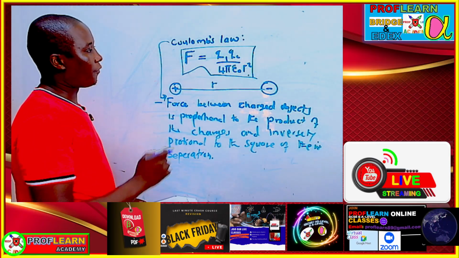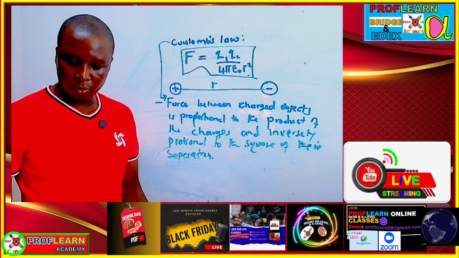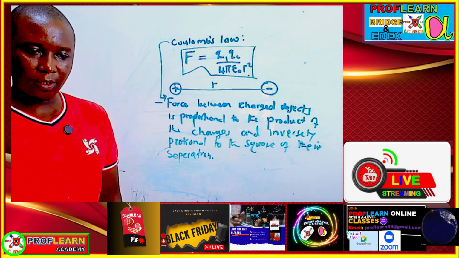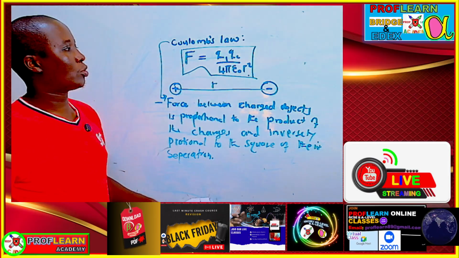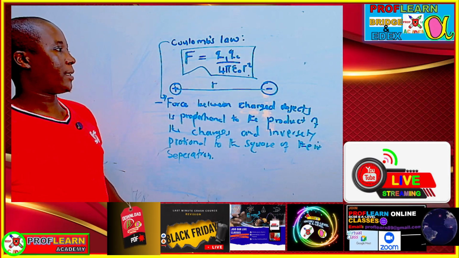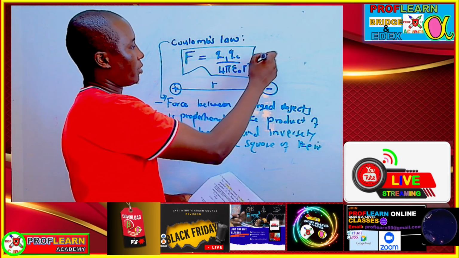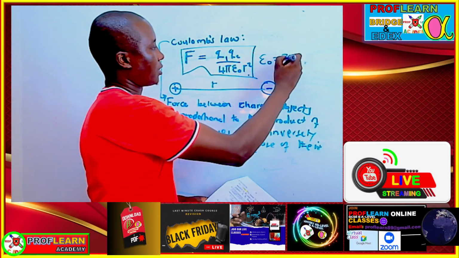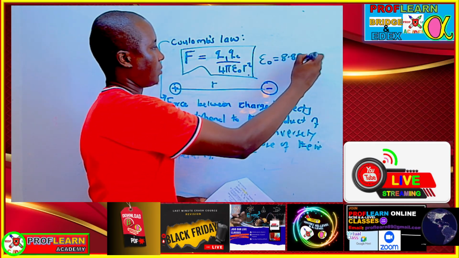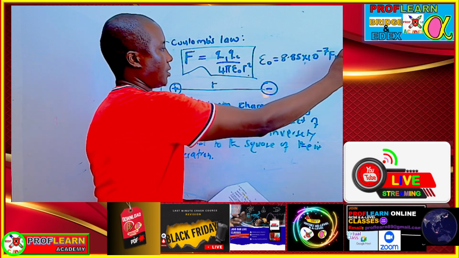And the formula for the force experienced by two charged objects is given by F is equal to charge 1 times charge 2 over 4 pi epsilon naught r squared, whereby epsilon naught is the permittivity of free space, which is 8.85 times 10 raised to the power negative 12 farad per meter.